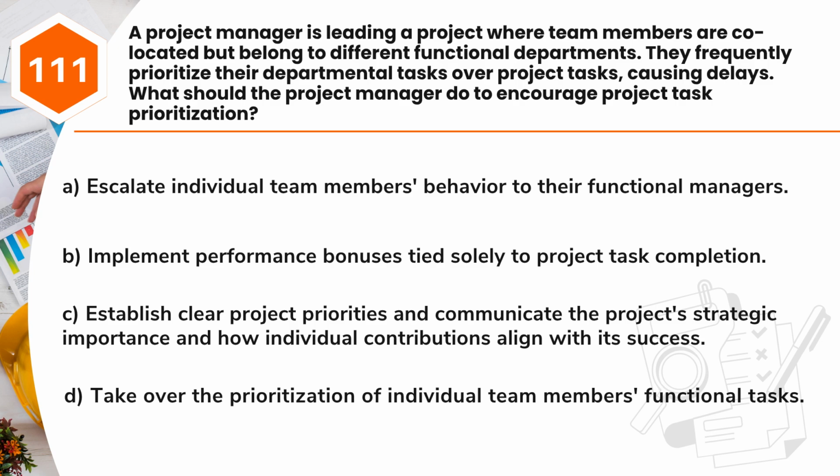A. Escalate individual team members' behavior to their functional managers. B. Implement performance bonuses tied solely to project task completion. C. Establish clear project priorities and communicate the project's strategic importance and how individual contributions align with its success. D. Take over the prioritization of individual team members' functional tasks.